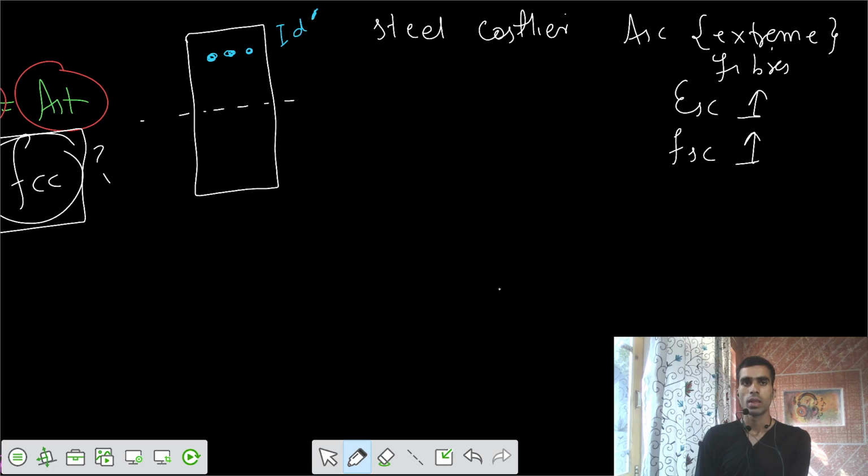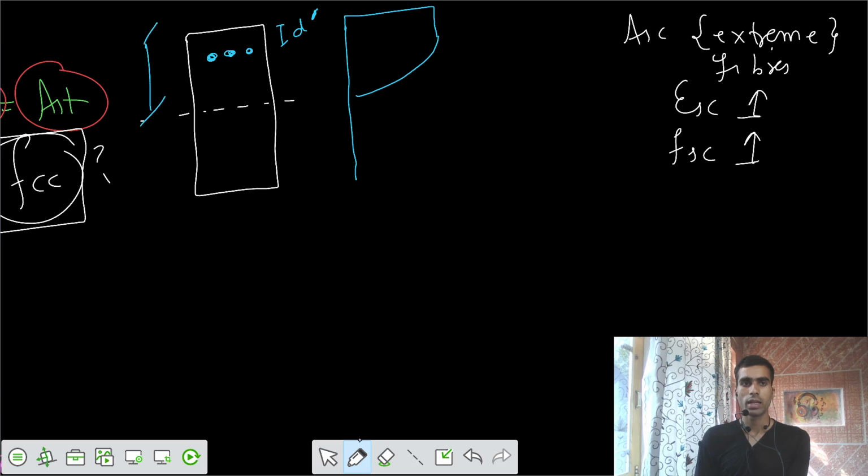But if you talk about a singly reinforced beam, we know that the stress block is rectangular up to a point, and after that there is parabolic variation. If this is the neutral axis at XU, the top part is 3/7 of XU and the bottom part is 4/7 of XU.